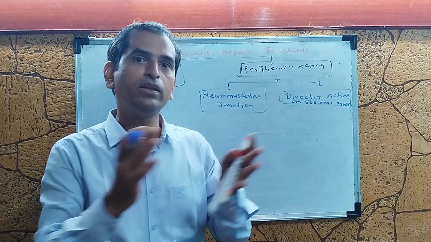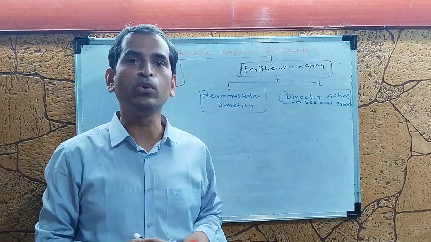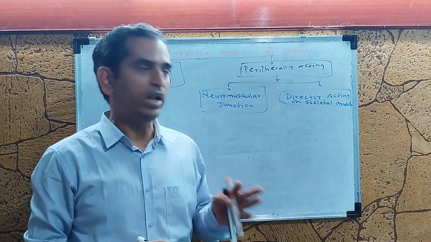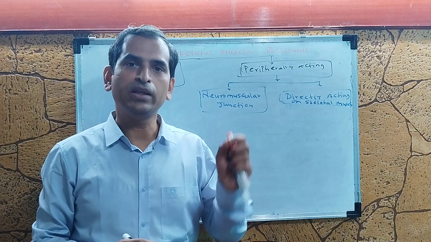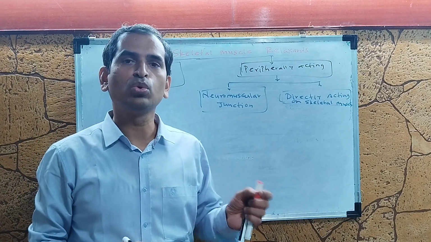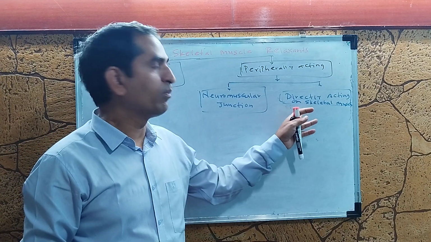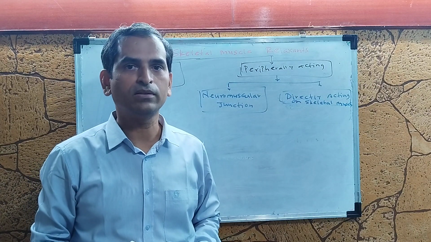How does this calcium get released from the sarcoplasmic reticulum? There is a receptor called the ryanodine receptor. So the drugs which directly work on the skeletal muscle inhibit the release of calcium from the sarcoplasmic reticulum through the ryanodine receptor. They block the ryanodine receptor, and that's how the skeletal muscle is relaxed.